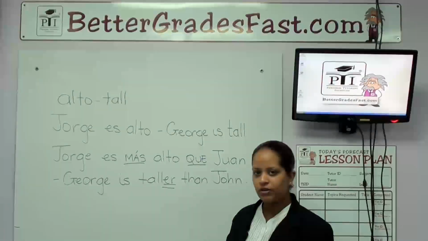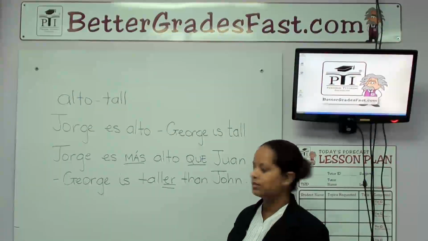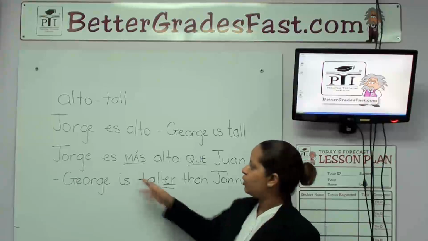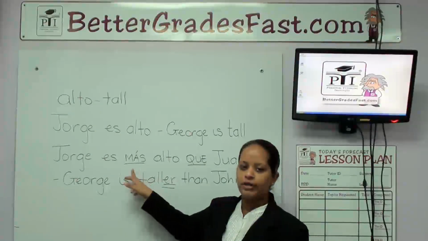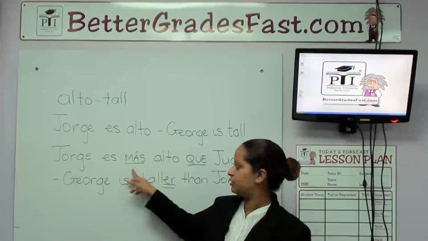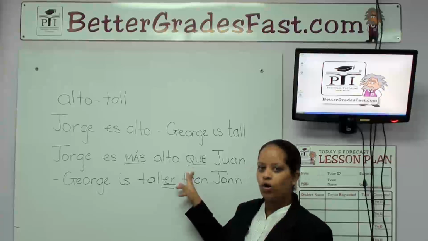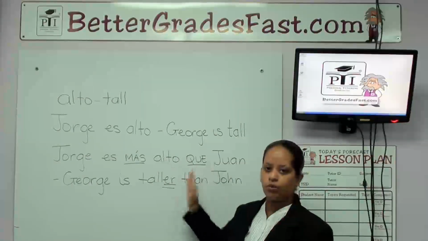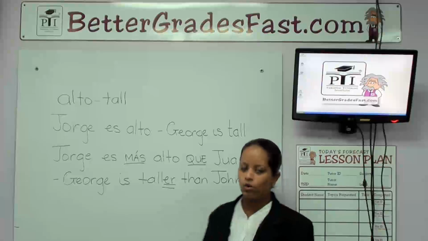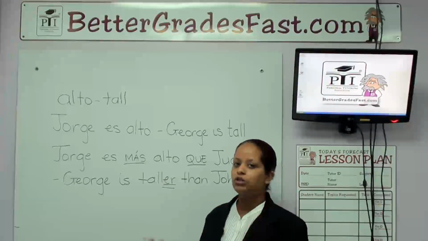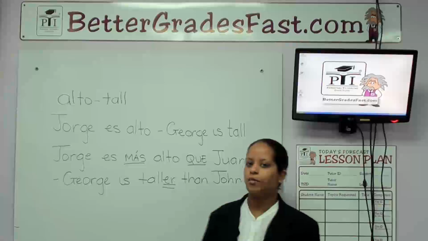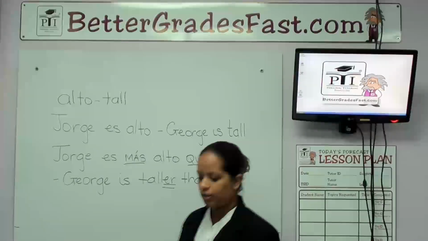Let's use a different adjective to show you how this is done again. Just a reminder, remember that más always goes before your adjective and que always goes right after. There should be no other words in between más or que when comparing someone or something to somebody else. Let me show you another one.